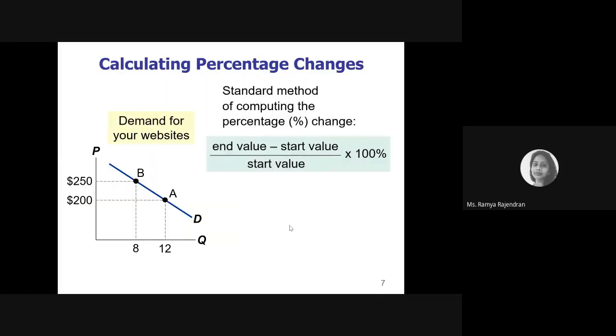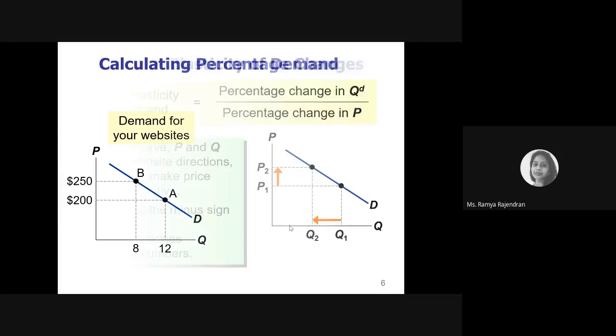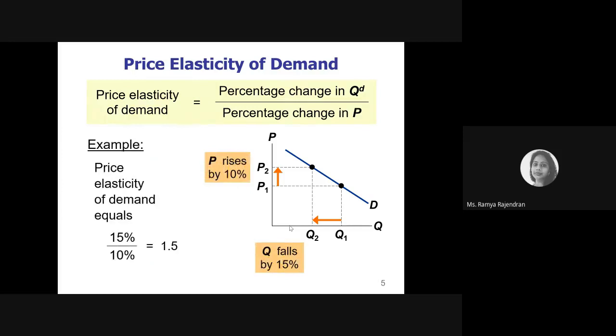And for the demand for websites here, how do we calculate the percentage change? In the earlier example we just had the numbers as percentage changes: a 10% increase in price and a 15% decrease in quantity.